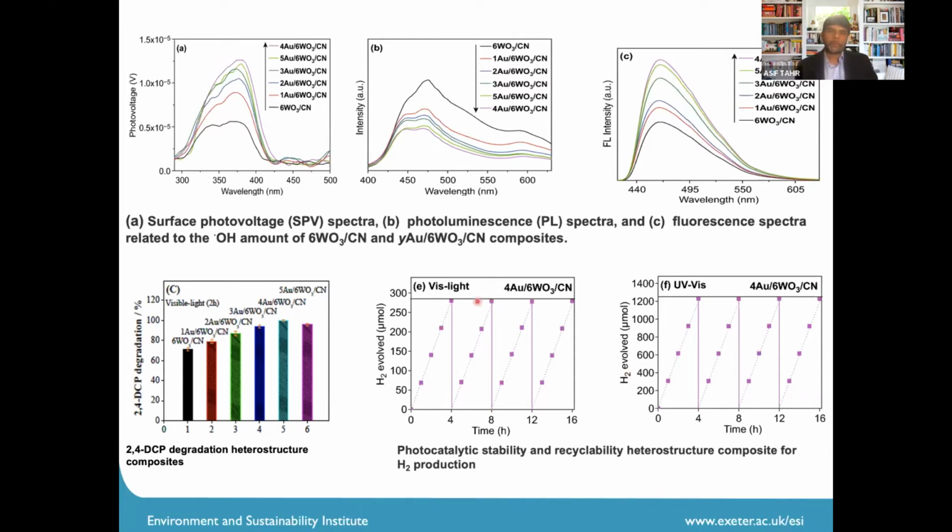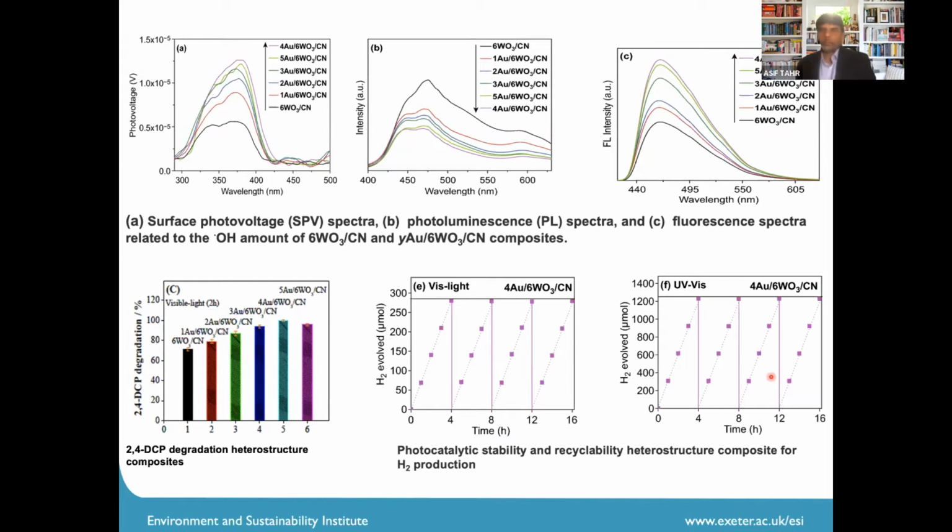And we also tested the stability of the materials after recycling, and in 4 continuous cycles, the material is able to produce hydrogen in small quantity, and the recycling and reusability indicate that the material is stable and can be used for a range of reactions.